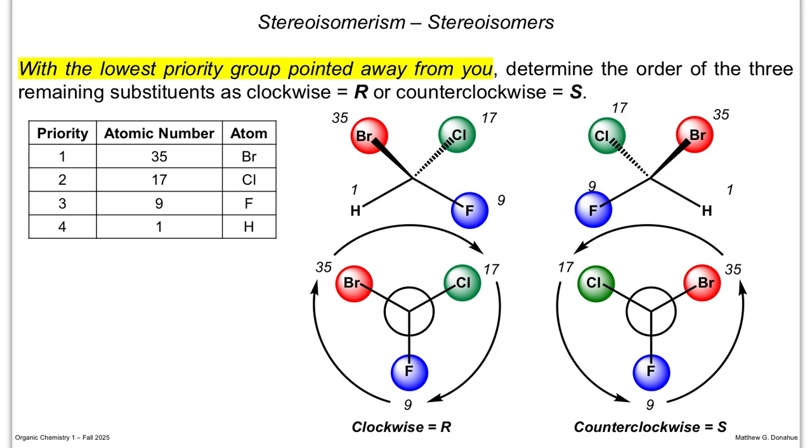Notice the priority groups now. So we're going 1, 2, 3. We're going counterclockwise. That's called S. So any stereogenic center will have either an R or an S designation. So nomenclature-wise, that's how you differentiate them.